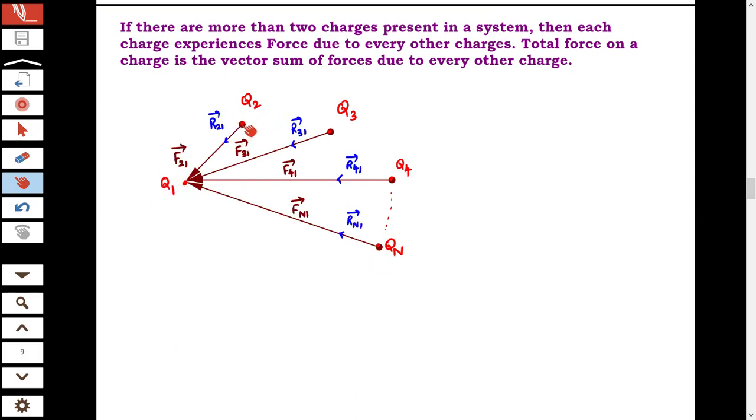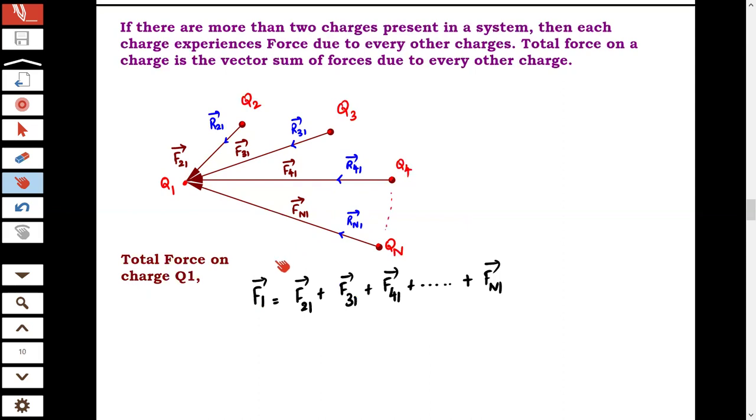We can get the force on Q1 as the vector sum of forces due to all other charges. We can write the displacement vectors from all other charges to Q1 as R21, R31, R41 and Rn1 respectively, and thereby their individual forces can be computed, and the net force will be the vector sum of the individual forces.